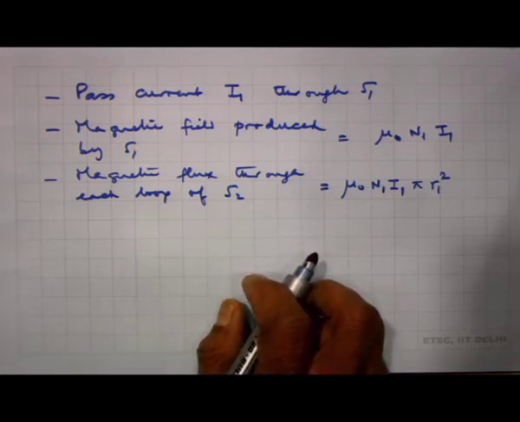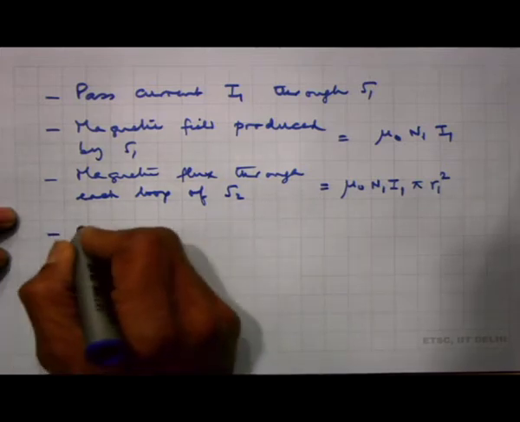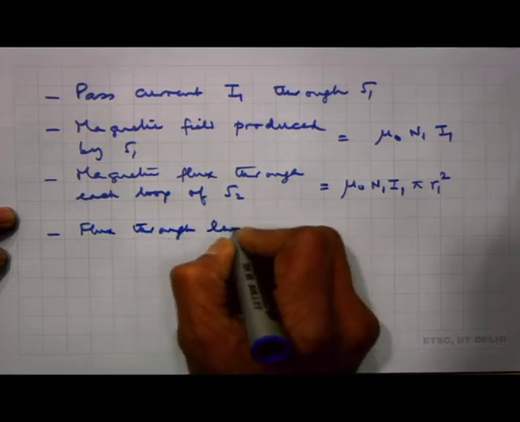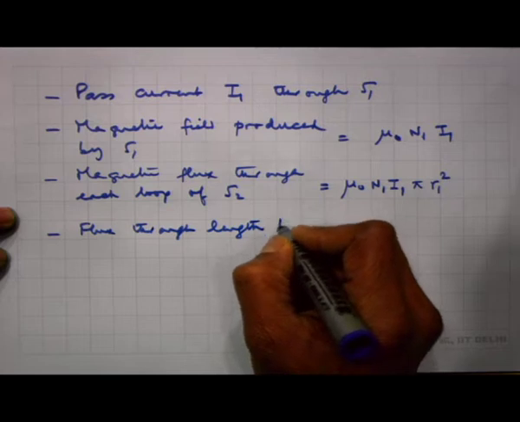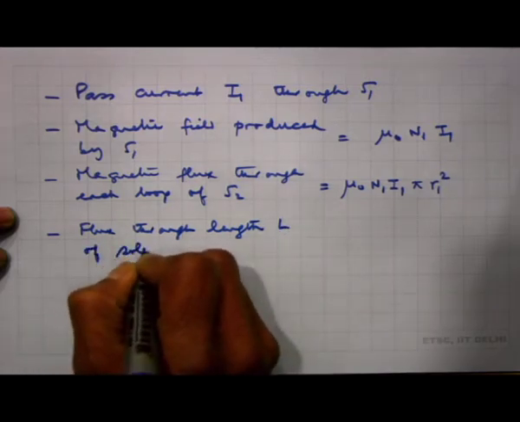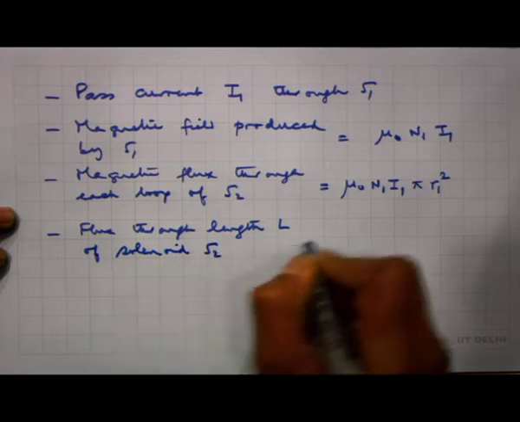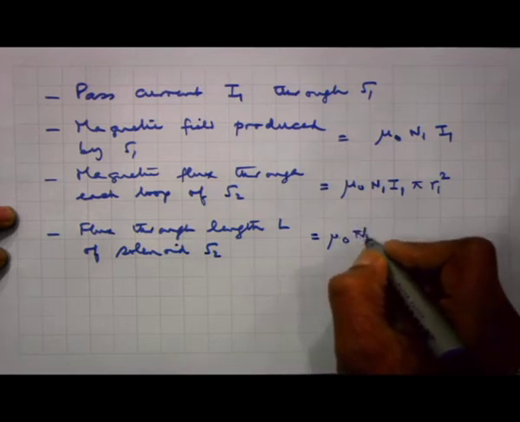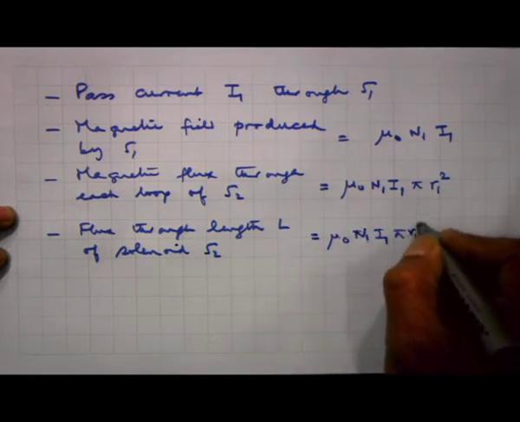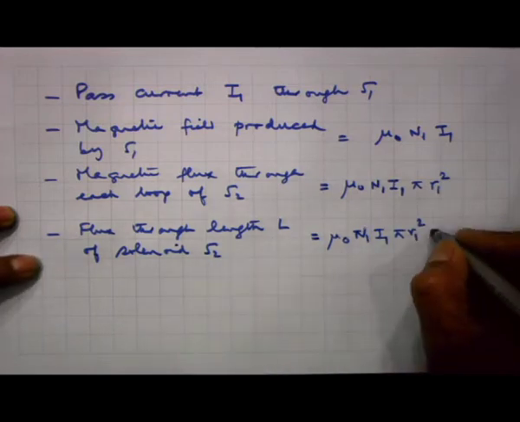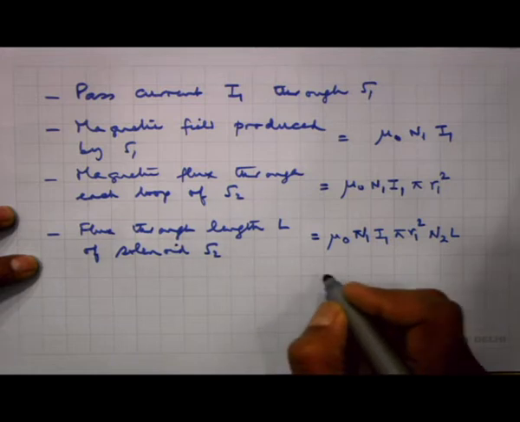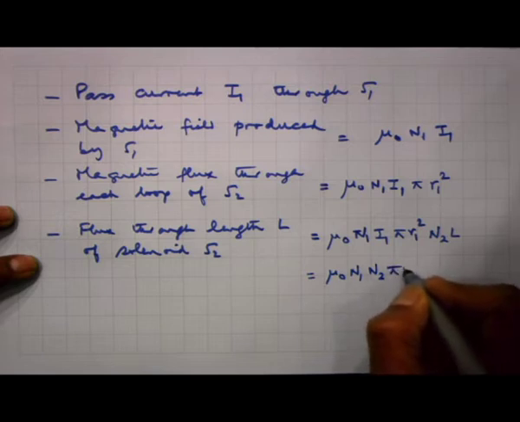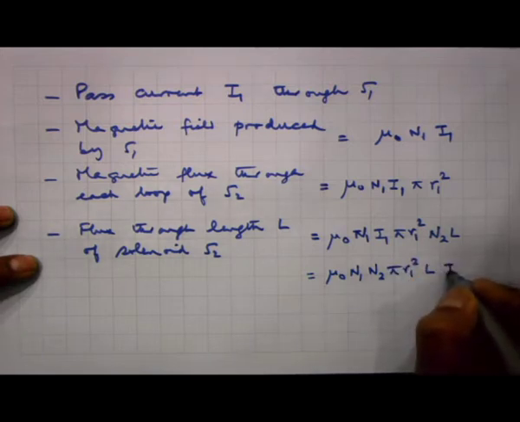So, the flux through a length L of solenoid S2 is mu naught N1 I1 pi R1 square, which is the magnetic flux through every turn, into the number of turns in a length L, which is N2 times L. So, this is equal to mu naught N1 N2 pi R1 square L into I1.